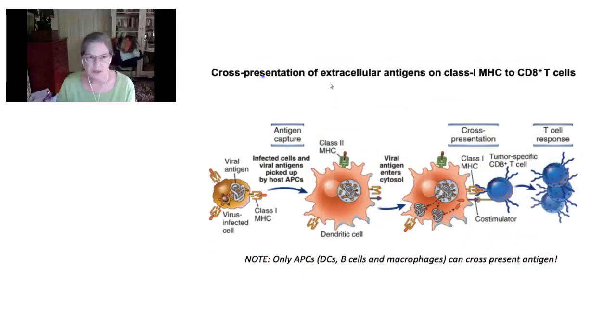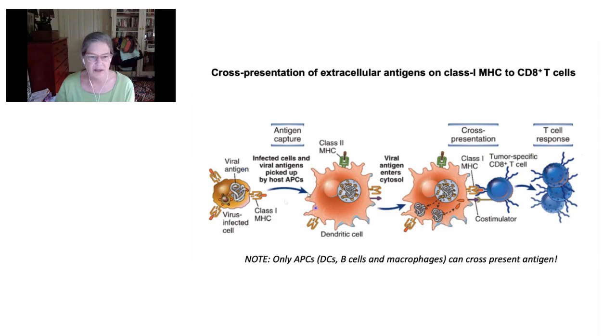So cross-presentation is only by an APC. Cross-presentation means taking antigen from the outside. For instance, let's say you've got an infected cell and a dendritic cell has picked up, eaten some stuff, or it could be just a virus that it's eaten from the outside.